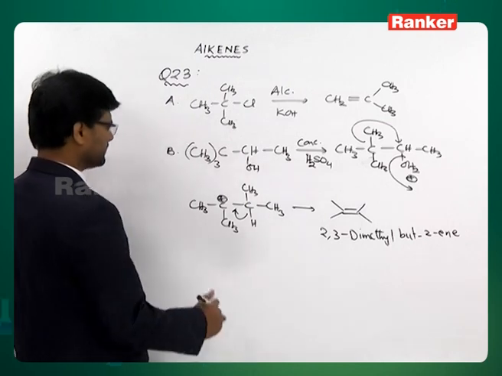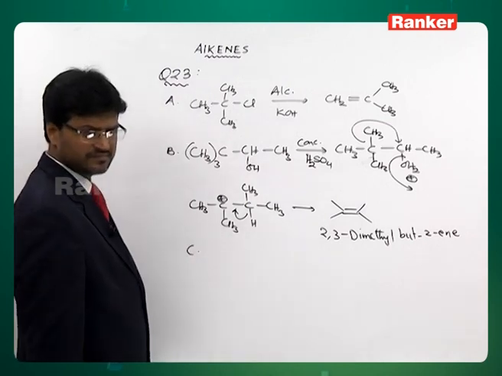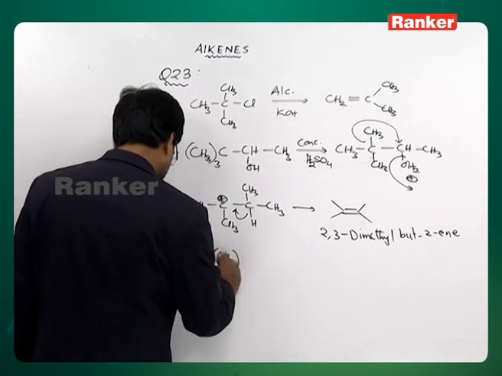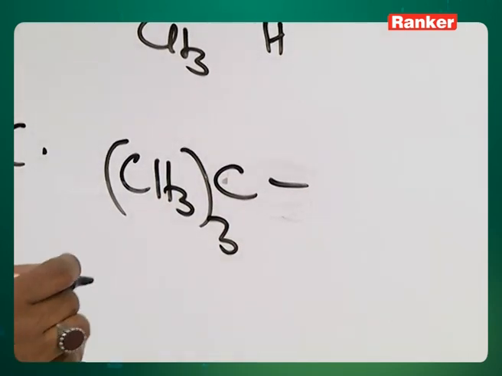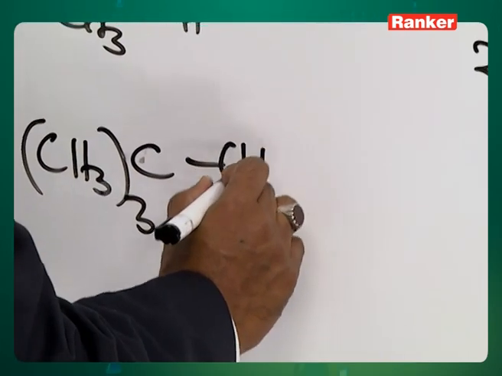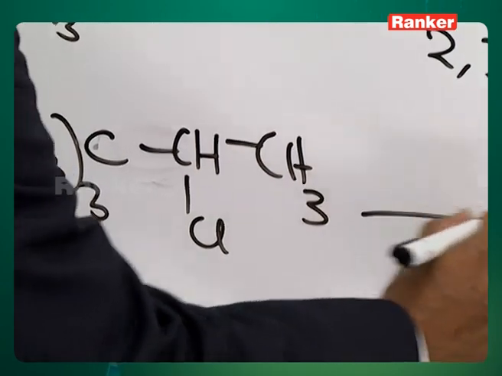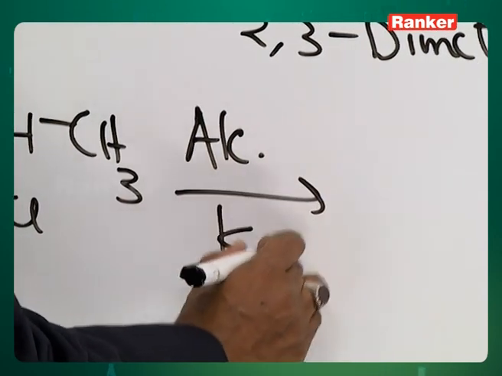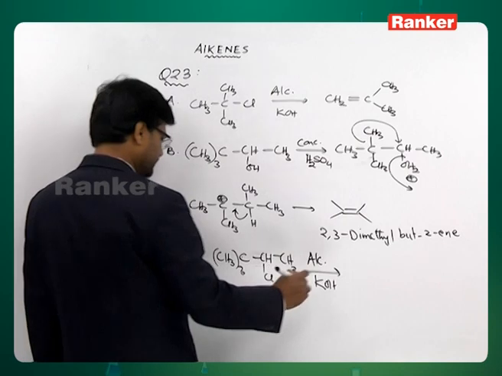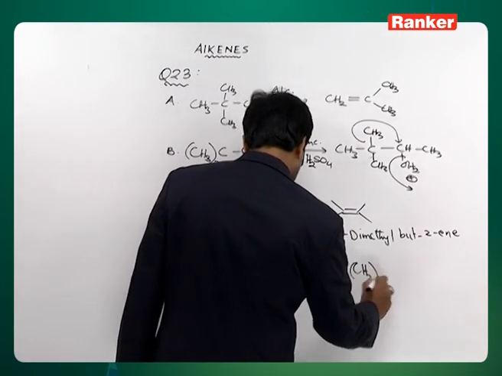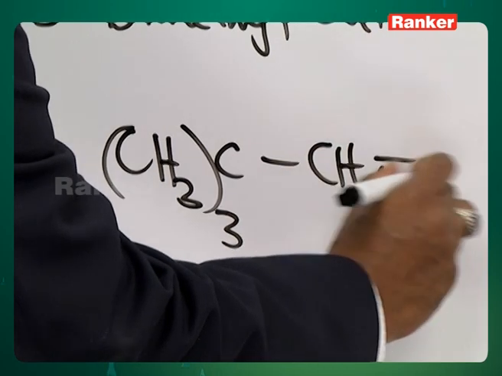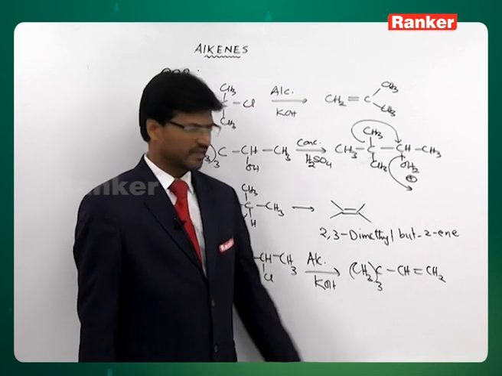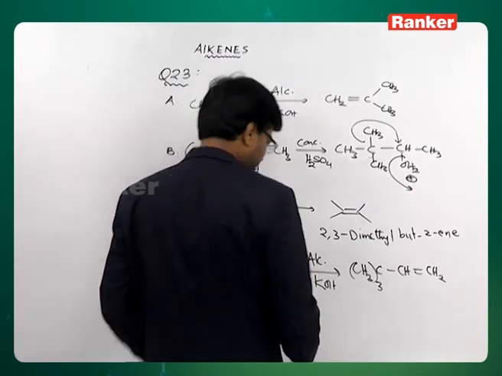Now, the next reaction C is (CH3)3C-CHCl-CH3. This is being treated with alcoholic KOH. Dehydrohalogenation takes place and you simply get a double bond here. This is the product. I will write the full structure.